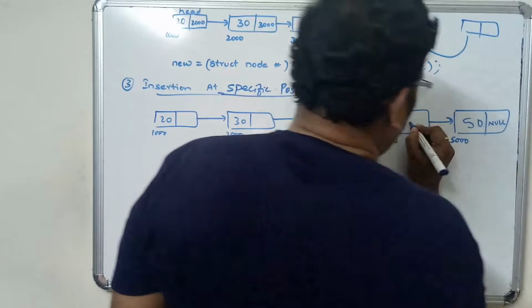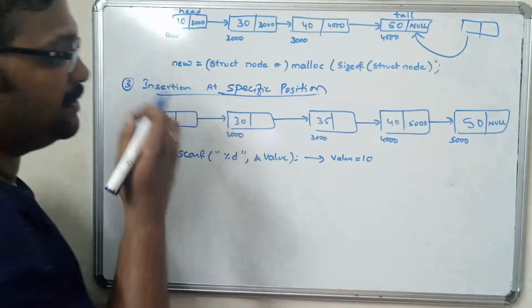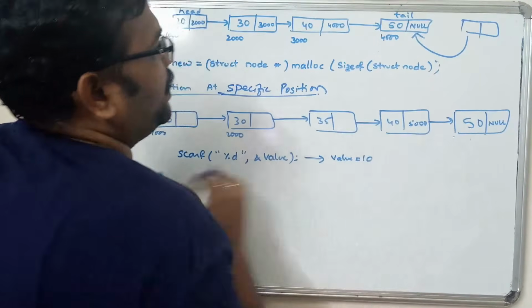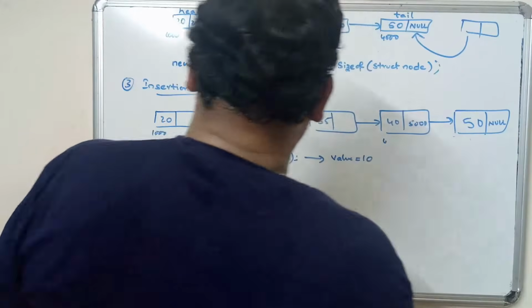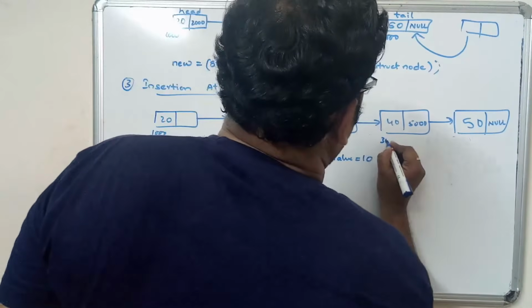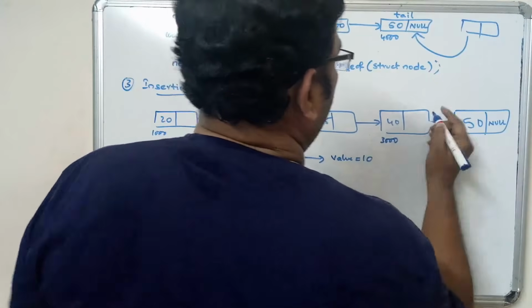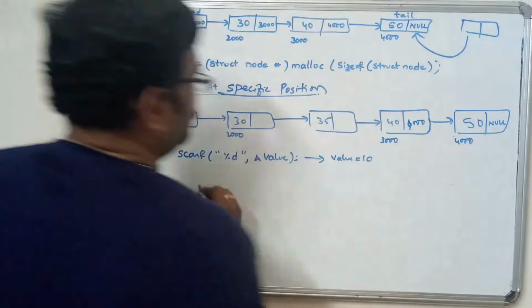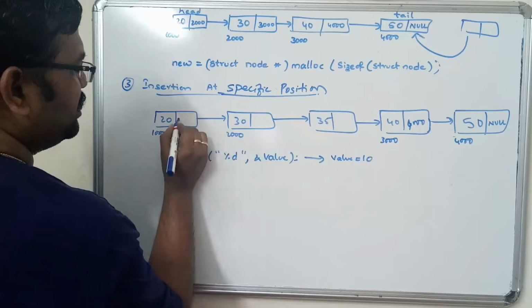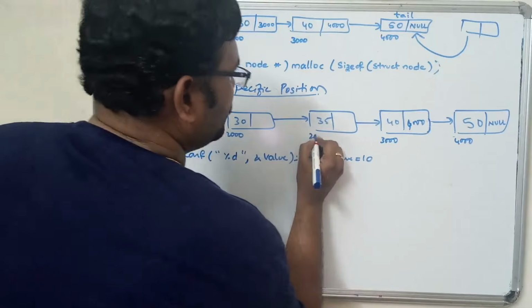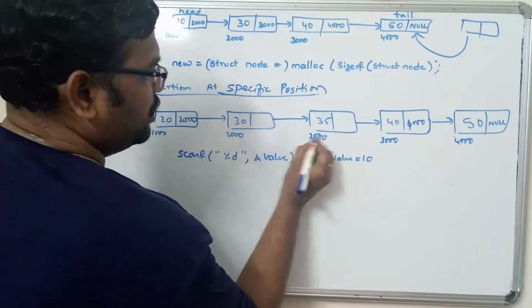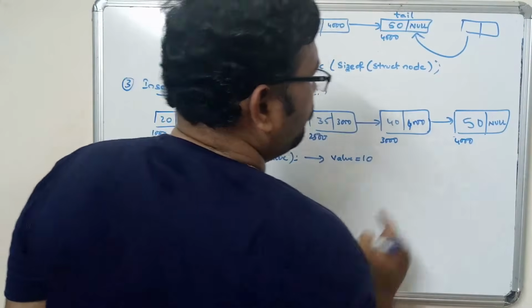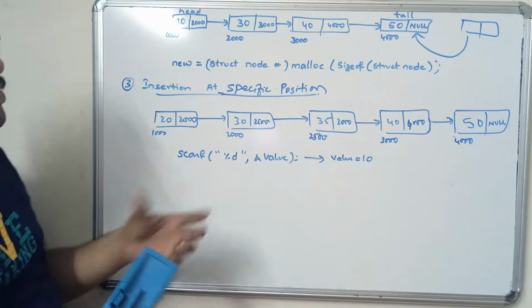So here it is null after 5000. Now the position is 2000 here. Let it be some 2500, some other memory location. Okay, so that should be here 2500. So here it should be 3000. Here it should be 5000. Right? So simply we can see this one.